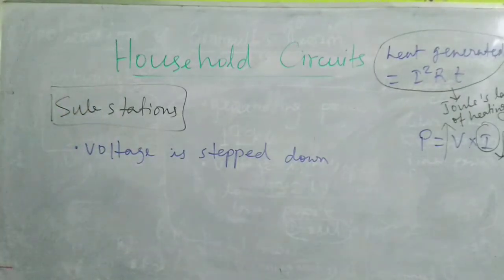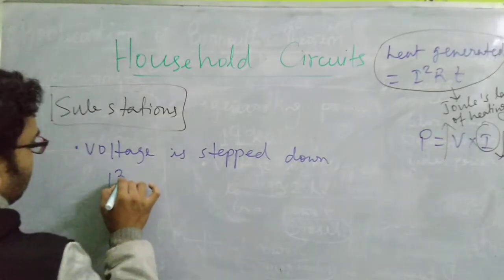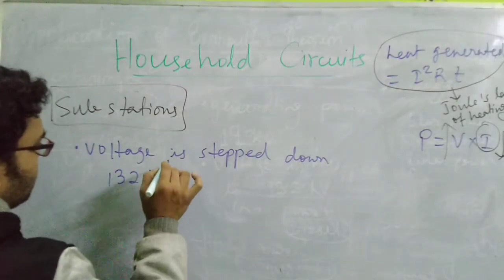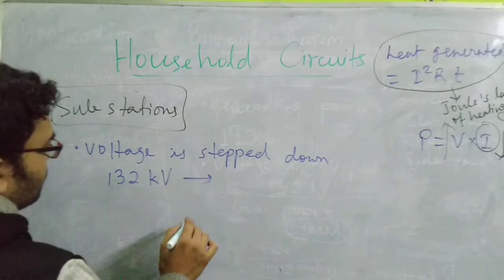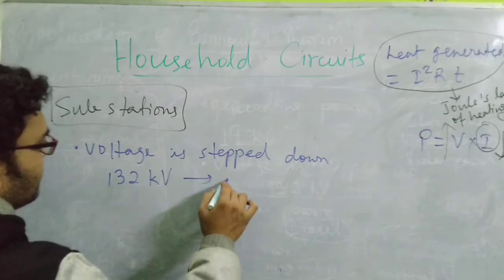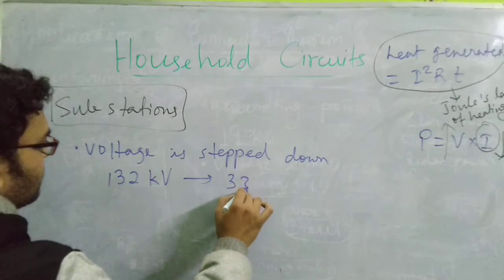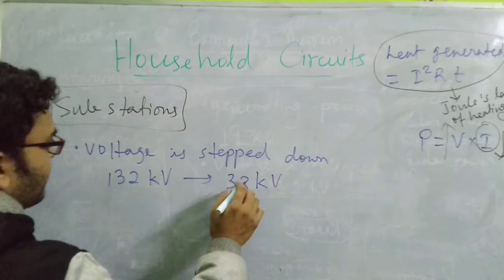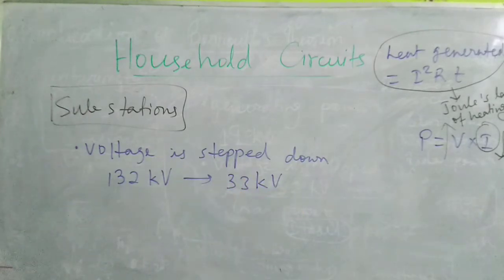So the voltage can be stepped down from, say, 132 kilovolt to a lower voltage, say 33 kilovolt. Okay, 33 kV. Now after this, the power is being transmitted at this reduced voltage to the city substations.